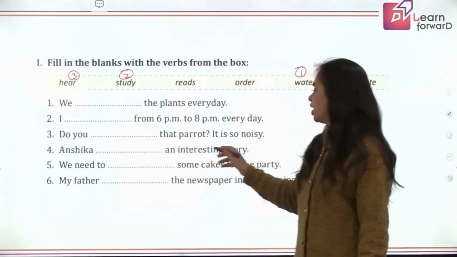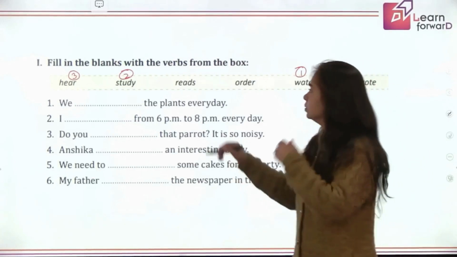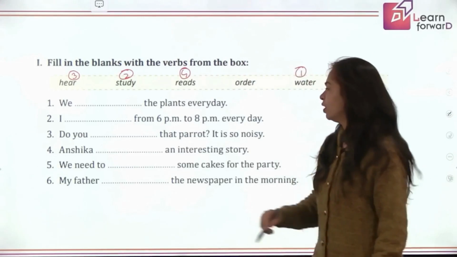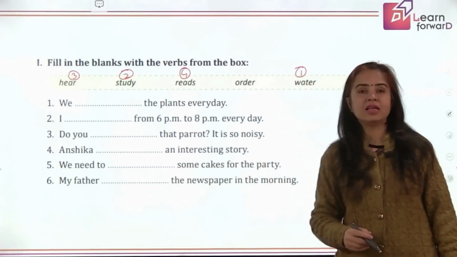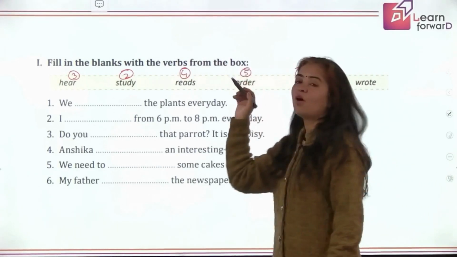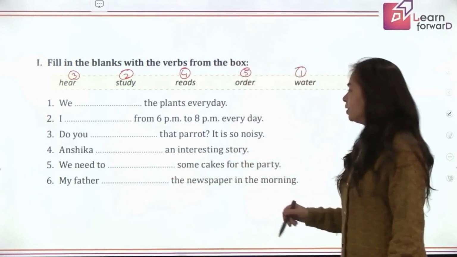Anshika dash an interesting story. Anshika, sorry, reads an interesting story. Perfect. We need to dash some cakes for the party. So you have to, brilliant answer. You have to order some cakes. My father dashed the newspaper in the morning.